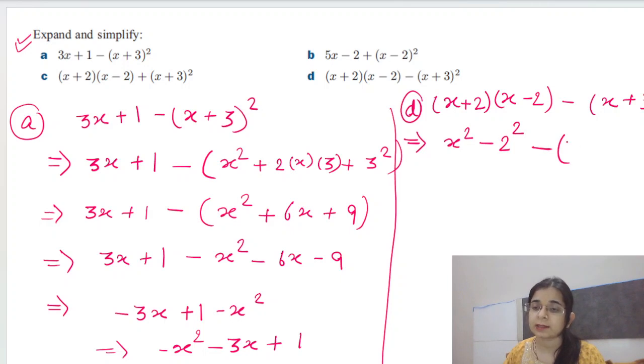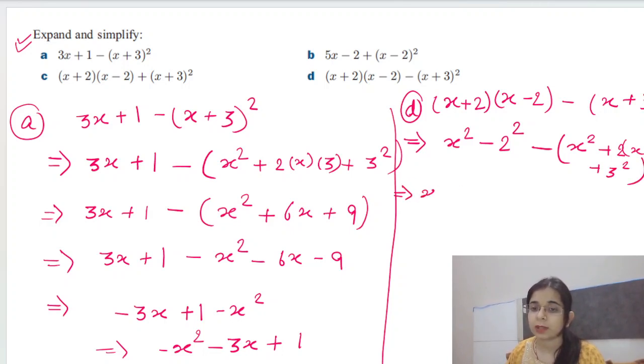And in this again, we are going to solve the square here. Square of the first term plus 2 times first term and second term plus square of the second term.